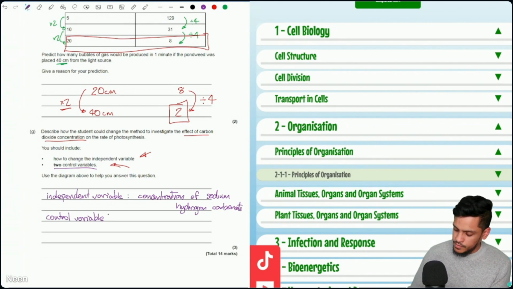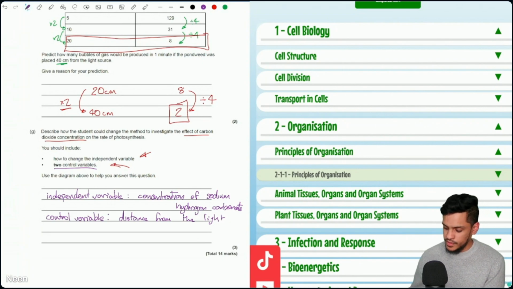And the control variable is, we'll say, the distance from the light. Anything else we can say? Something that we've already mentioned: the temperature. Remember I said that the temperature affects photosynthesis. You can say the temperature of the solution.